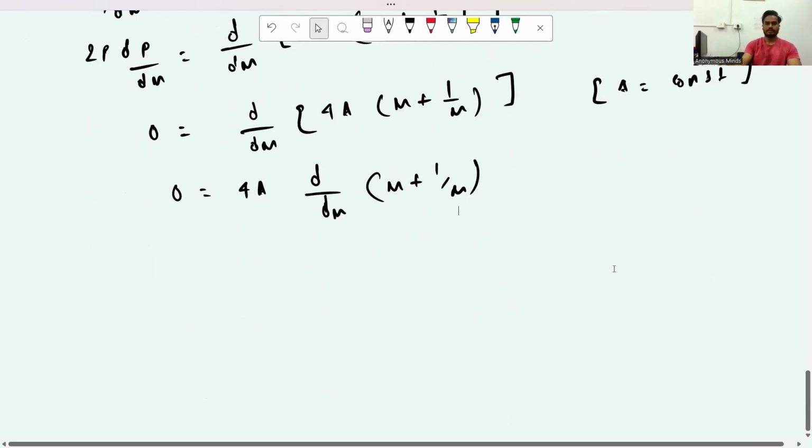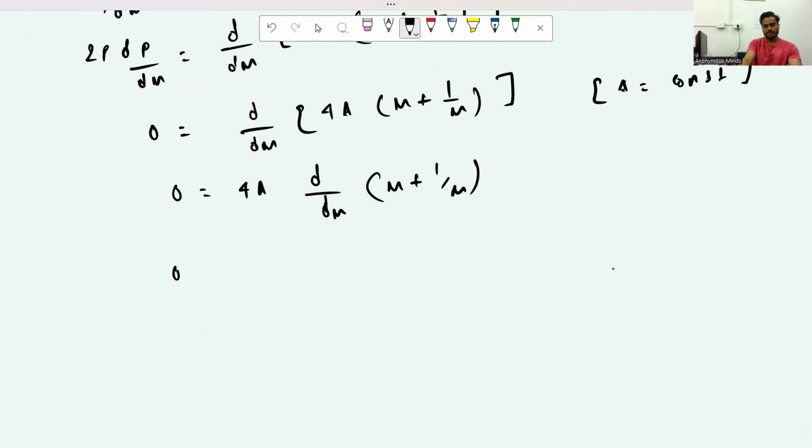So I can write 0 is equal to, if I send this one to the other side, it will become 0 only. So I can write 0 is equal to d by dm of m is 1 plus 1 by m is minus 1 upon m square.